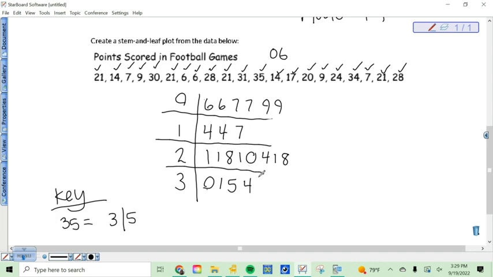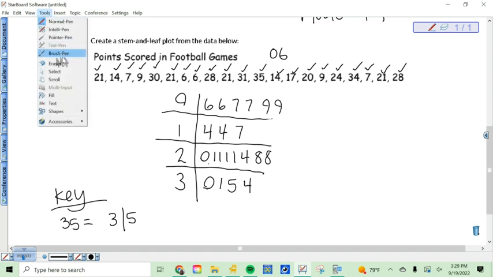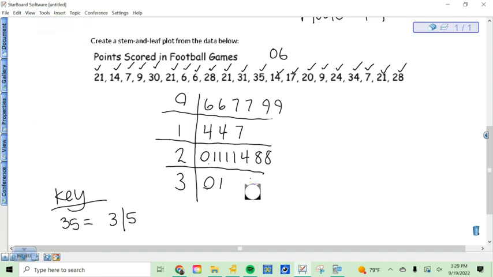This one I've got 0, 4 1s, 488. And then down here we've got 0, 1, 4, 5.